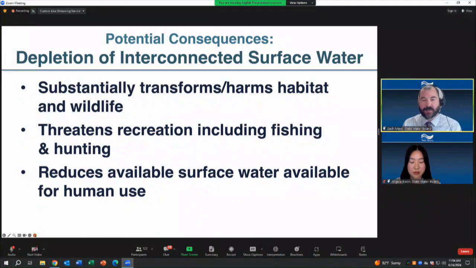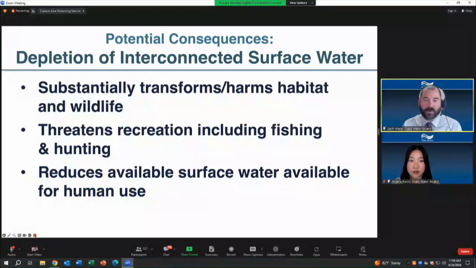As groundwater levels decline, the interconnected area gets smaller. And if groundwater levels decline too much, it goes away entirely. So the depletion of interconnected surface water can have profound impacts. It can substantially transform or harm habitat and wildlife.